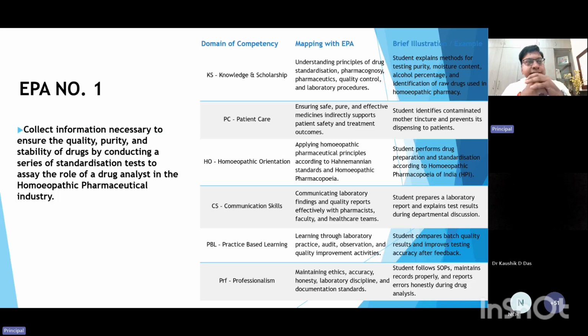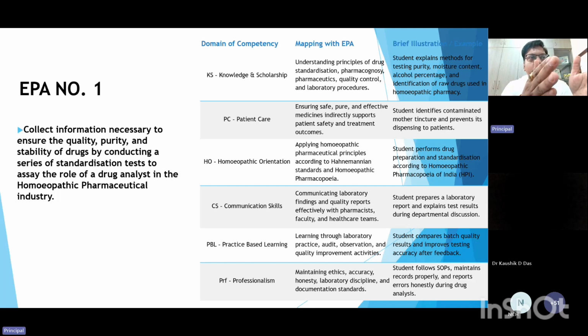So what are the domains of competencies? Number 1, knowledge and scholarship, patient care, homeopathic orientation. First I am talking about knowledge and scholarship. Now we are mapping this with the EPA, like understanding principles of drug standardization. So to learn this EPA number 1, what is required?